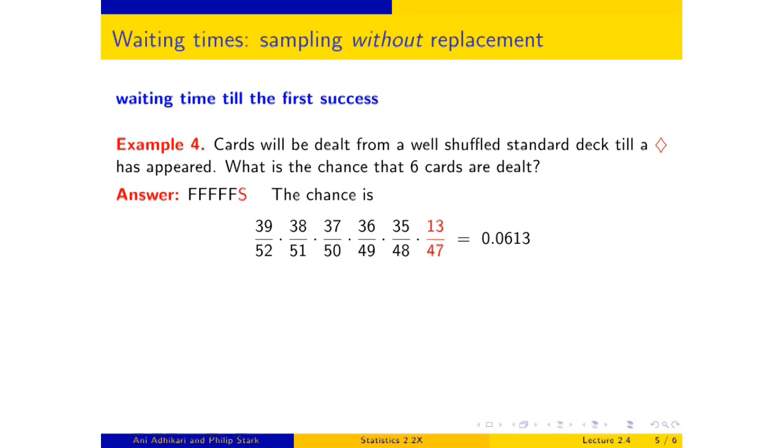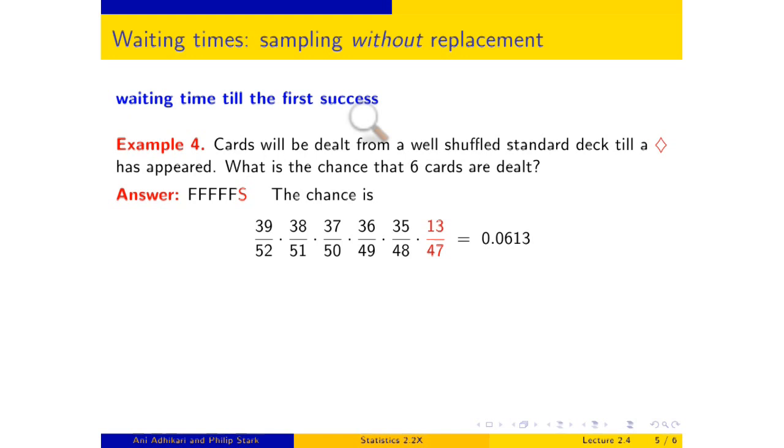Rolling and rolling and rolling. There is no upper limit to how many times you have to roll, but in the case of cards, there is most definitely an upper limit. You're going to run out of cards after a while. Your deck has only 52 cards in it. So it's worth noting that this variable, the number of cards that I have to deal till I get my first diamond, is limited. What's the smallest it can be?